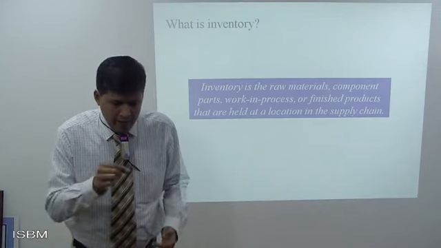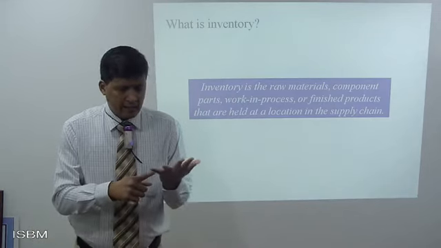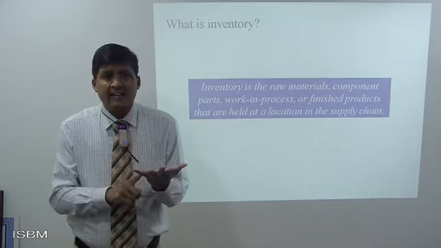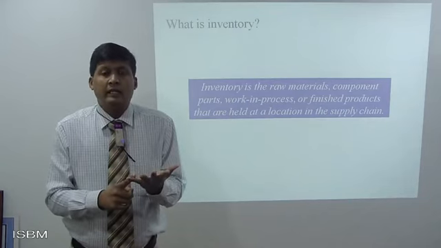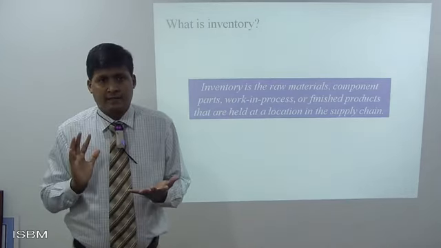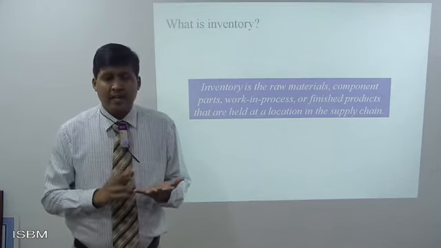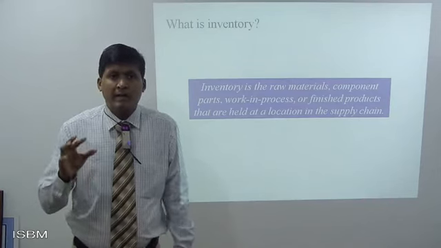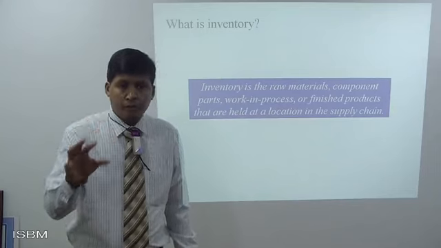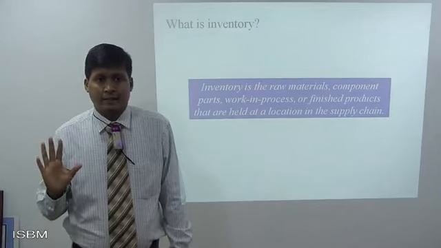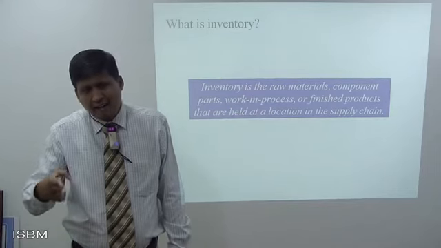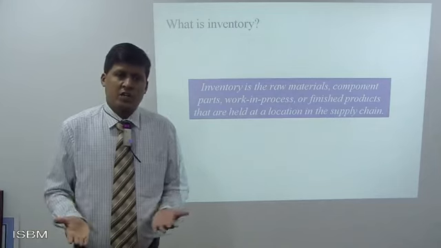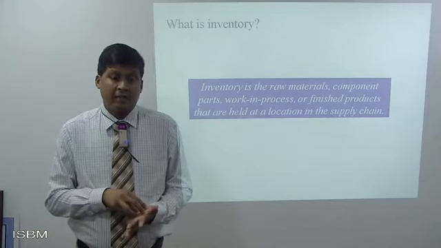So wherever stocks are lying, either at the company's end itself, or at the distributor end, or a warehousing end, or at a super stockist or possibly a retailer, every stock held at various junctures is called inventory.